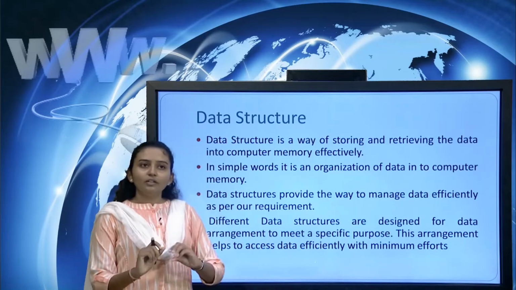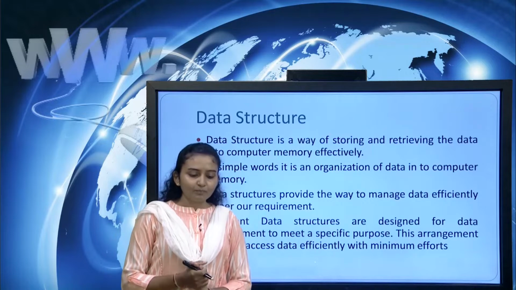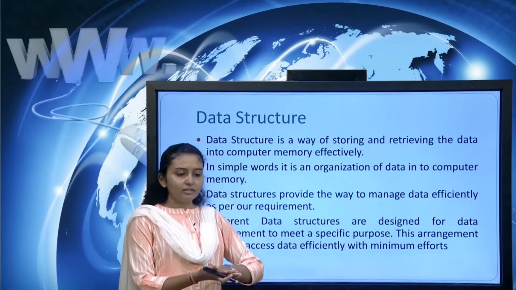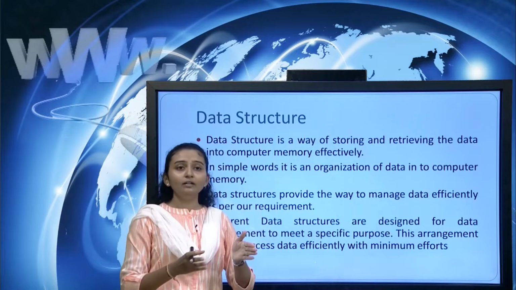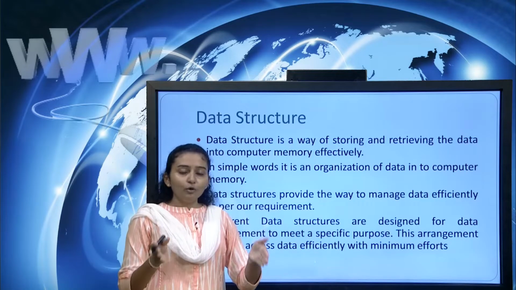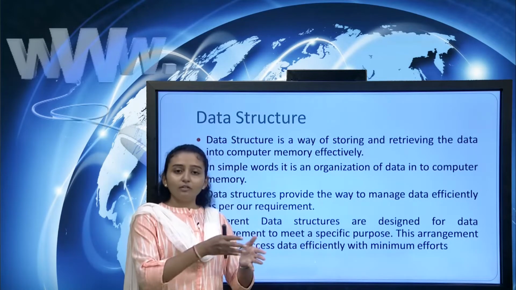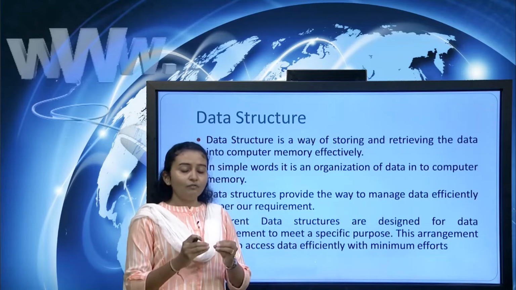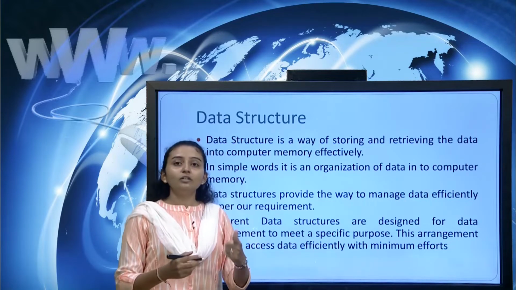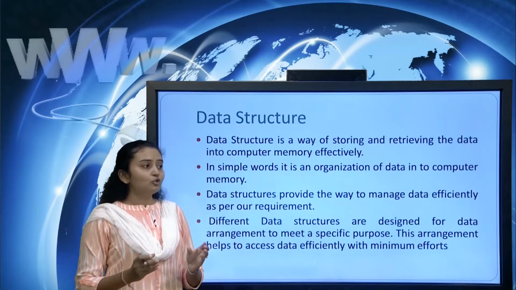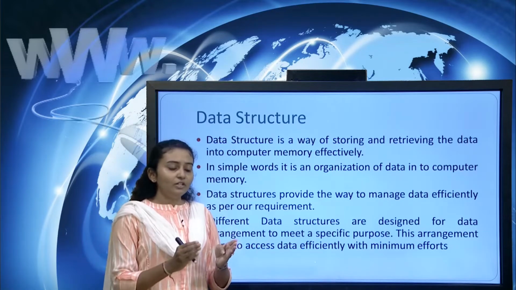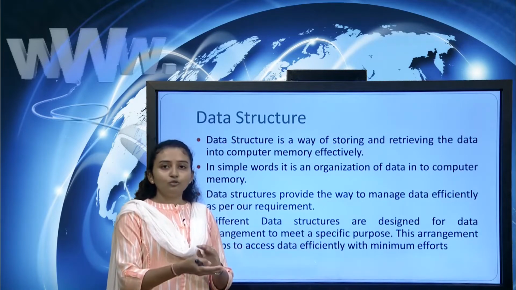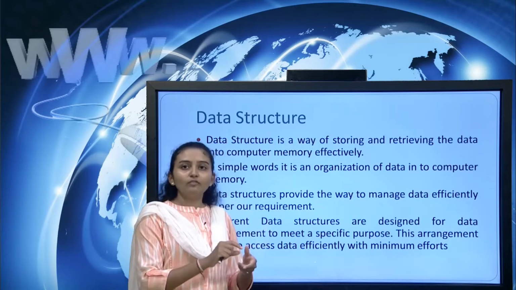Let's understand it in layman's language. For example, when we want to store our clothes, we put them in a stack format, right? And when we have books, we can put them in a vertical format and also in a horizontal format as per our requirement. When we want to utilize our resources maximally, based on our requirement, we change our way of storing the contents to easily access and modify particular things.